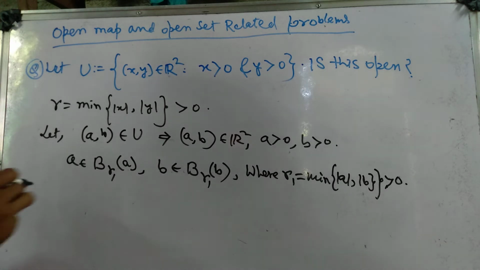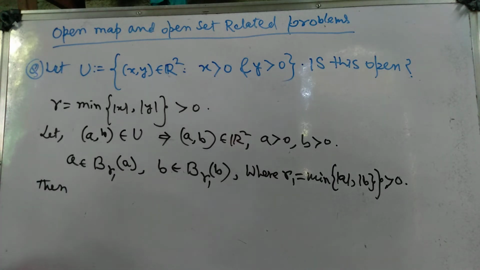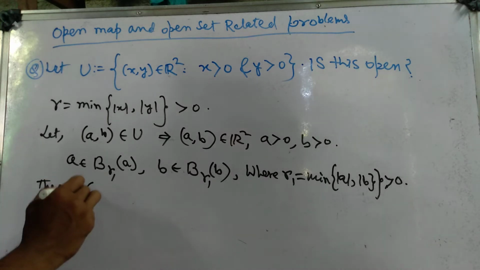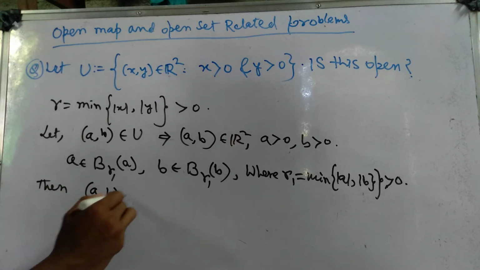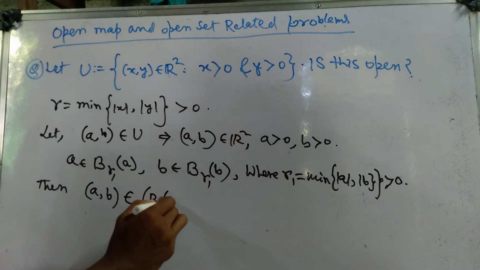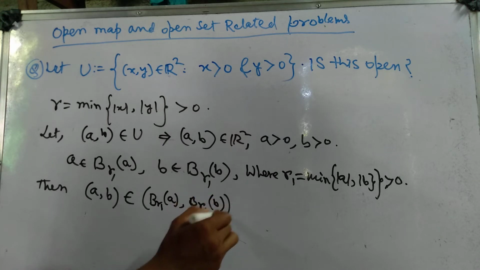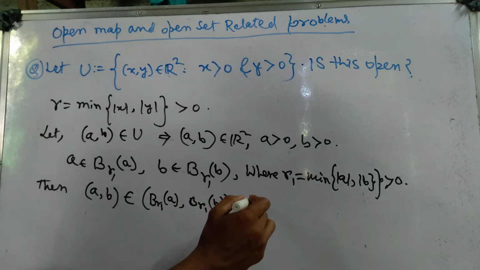Then (a,b) belongs to B(r1,a) times B(r1,b), a subset of U.